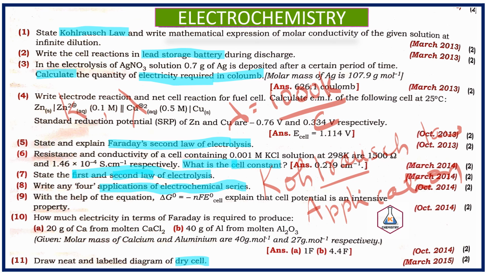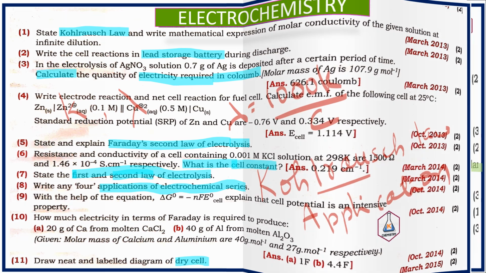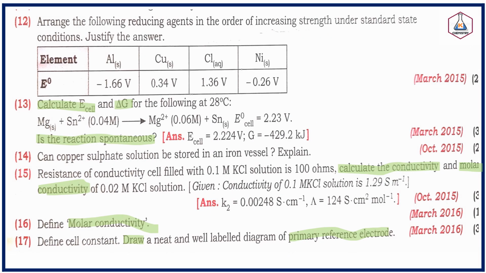So thereafter you should go through electrochemical cells. After this, you should go through the types of electrochemical cells.